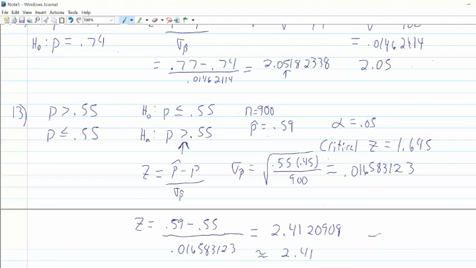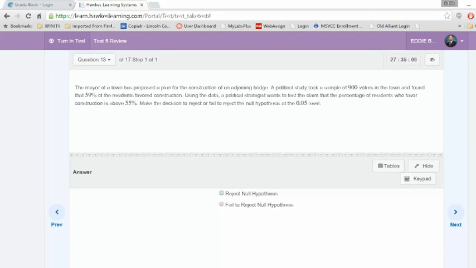Okay, so our critical value, remember, was a z of 1.645, and then our test value was 2.41. It would definitely be greater than 1.645. So that means that we need to reject H sub 0. All right, so reject the null hypothesis.